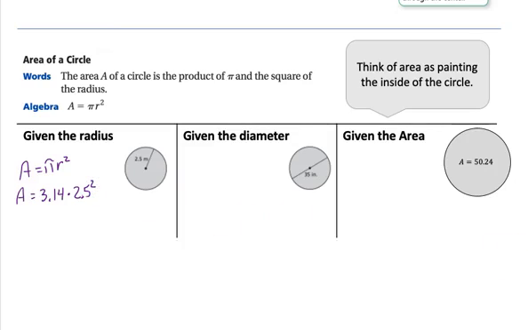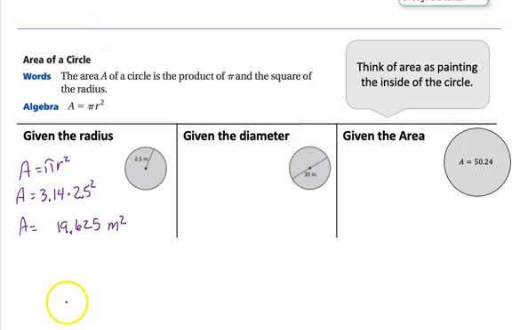And you can type that in your calculator exactly as it is, 3.14 times 2.5, and then raise it to the power of 2, or use that x squared button. And you will find that the area of this circle is 19.625. This would be meters squared.